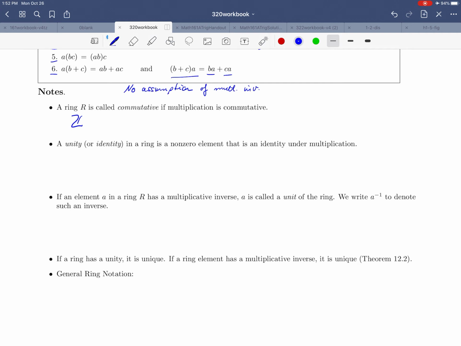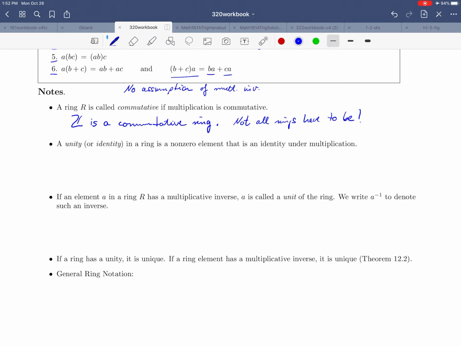And so Z was an example of a commutative ring. But not all rings have to be commutative.